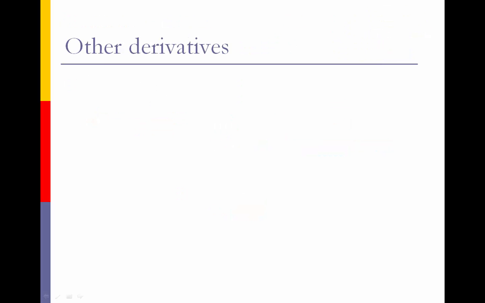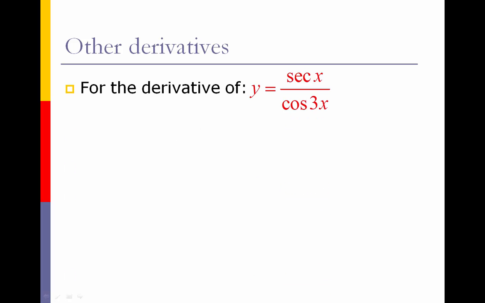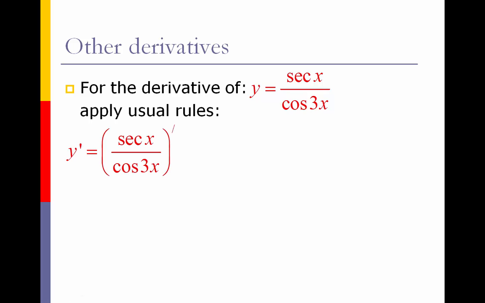Alright, now once we have all these derivatives, and we have formulas for both the derivatives of trig functions and their inverses, we can combine all of these things together and compute things like the derivative of secant x over cosine of 3x. How are we going to do this one? Of course, it's a quotient, so we start by applying the quotient rule.